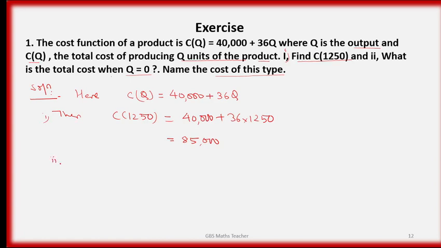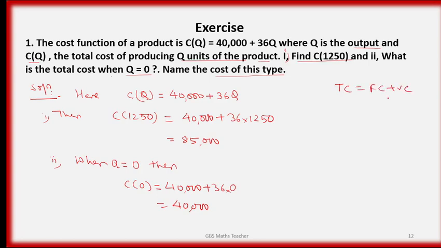And in the second case, dear students, when the quantity produced is 0, then what is the cost function? C(0) equals 40,000 plus 36 times 0 equals 40,000 only. Then we have already studied total cost is fixed cost plus variable cost.